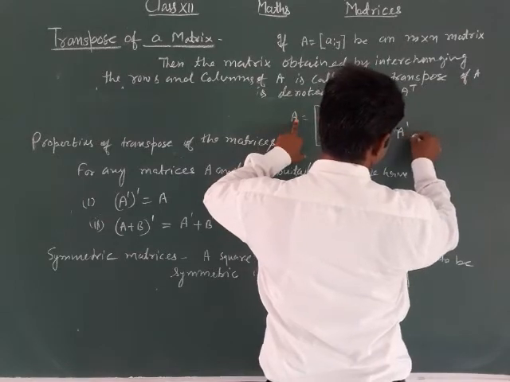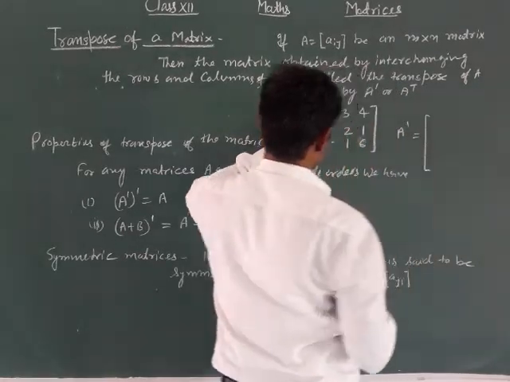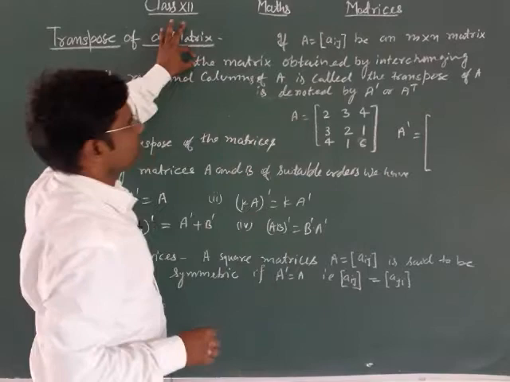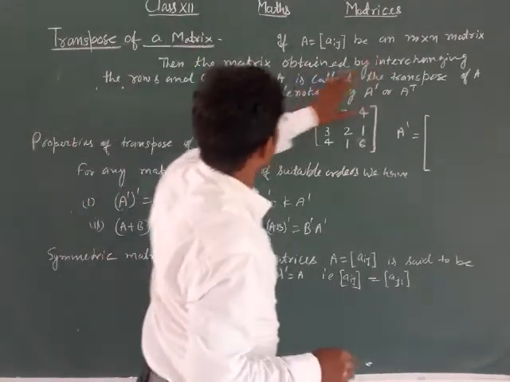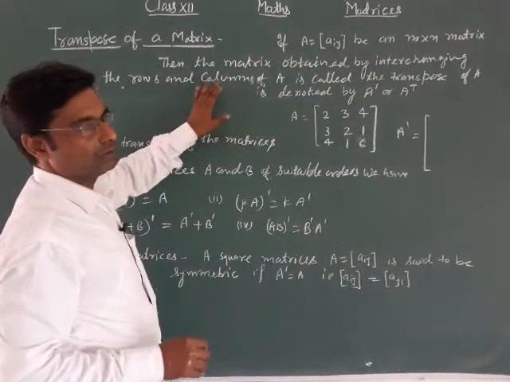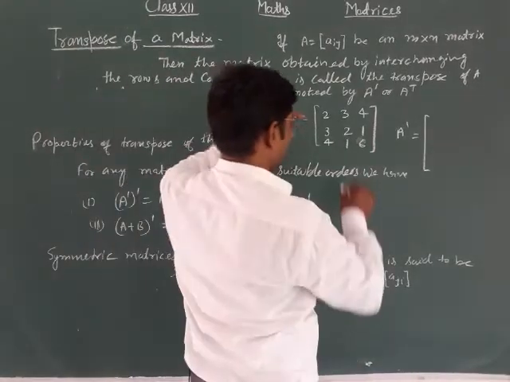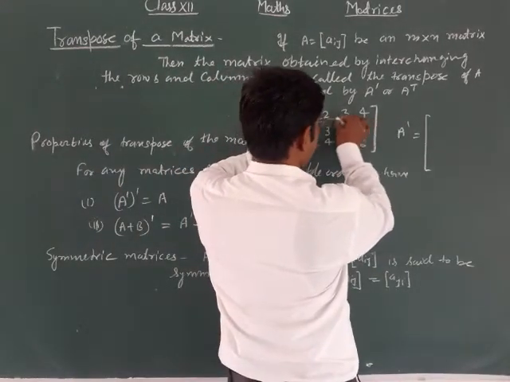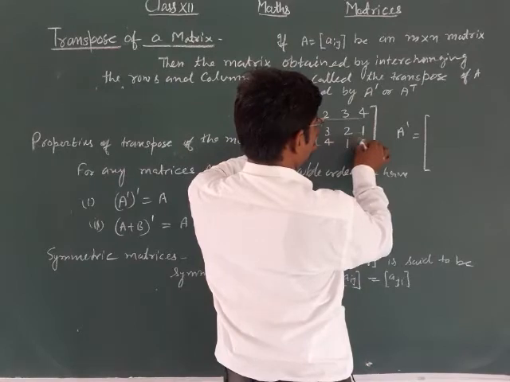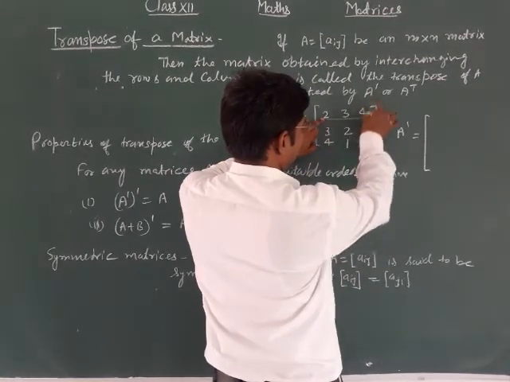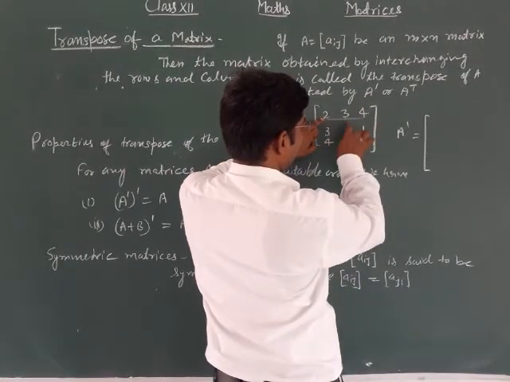A dash is equal to, according to the definition, interchanging row to column and column to row. So this is a row, this is a row, this is a row, and this is a column, this is a column, this is a column.